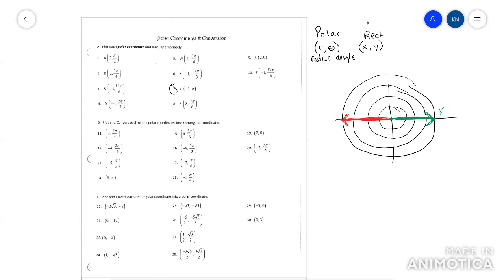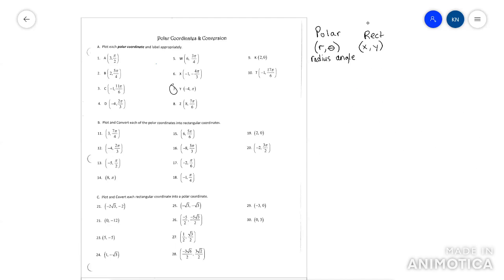Now what if they gave you a negative angle, like number 6? You are only drawing 1 circle. You do the angle first still. So negative 4 pi over 3. Just be careful you don't rotate this way. It's a negative angle, meaning you are rotating this way.